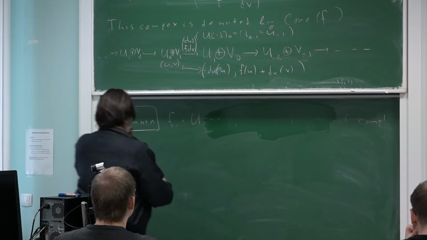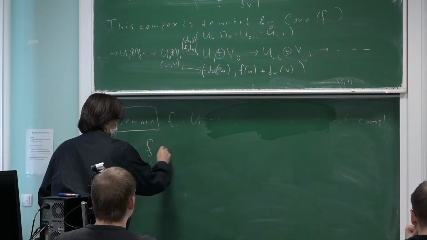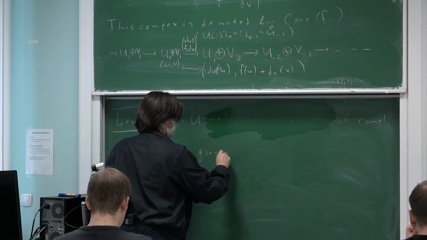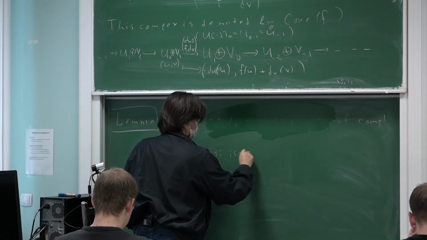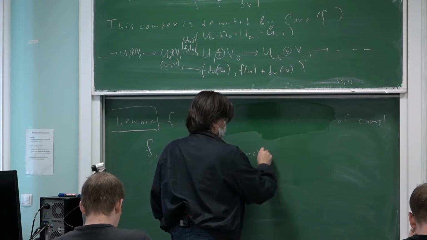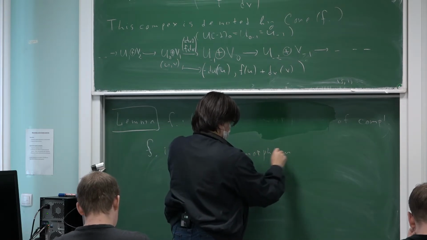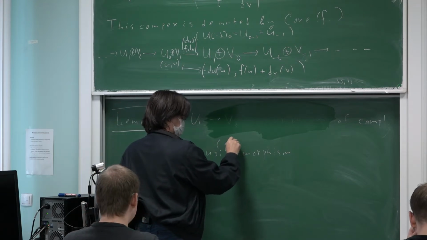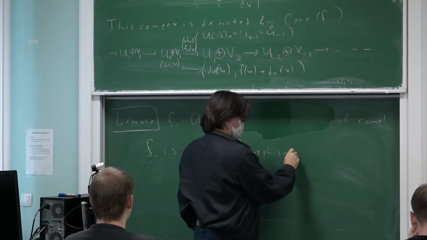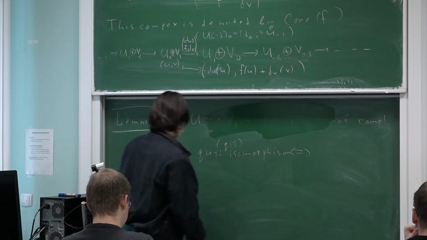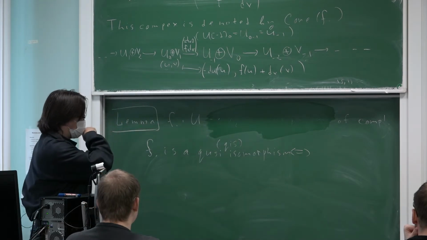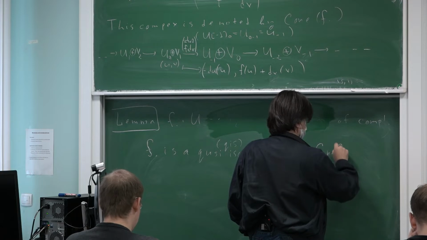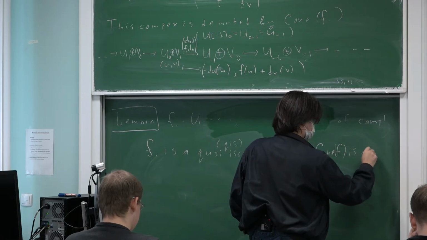Then f is a quasi-isomorphism, and I forgot to say that quasi-isomorphism we will always write as quis, if and only if cone f is acyclic.